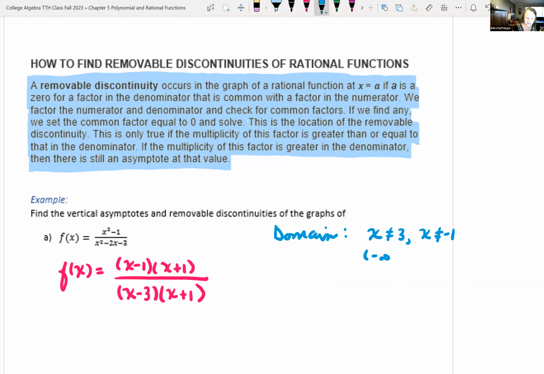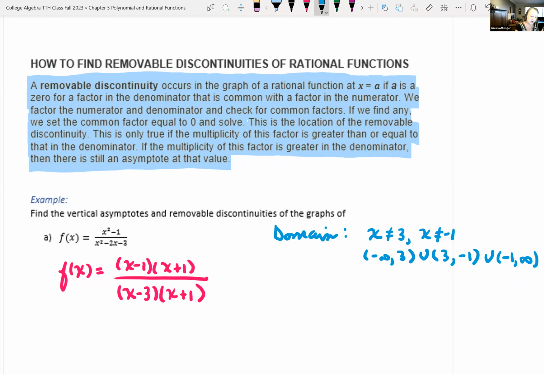Our domain would be negative infinity to 3, with a parenthesis not including 3, union everything from 3 to negative 1, not including 3 and negative 1, so we would use parentheses. Then everything greater than negative 1, which we write as negative 1 to infinity, and those both have parentheses around them.